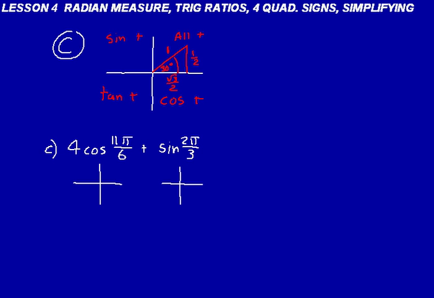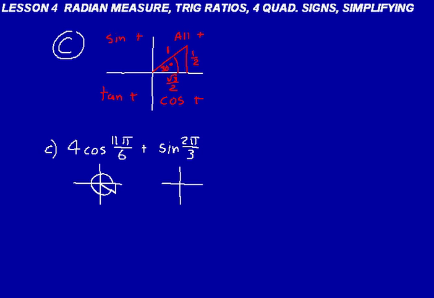12 pi over 6 would be 2 pi radians, or 360 degrees around. So 11 pi over 6 would just be pi over 6 less than that, or in other words, 30 degrees. So I'm down there in that fourth quadrant. I remember that cosine is positive there, or I can just look at it too and see I have that adjacent side.